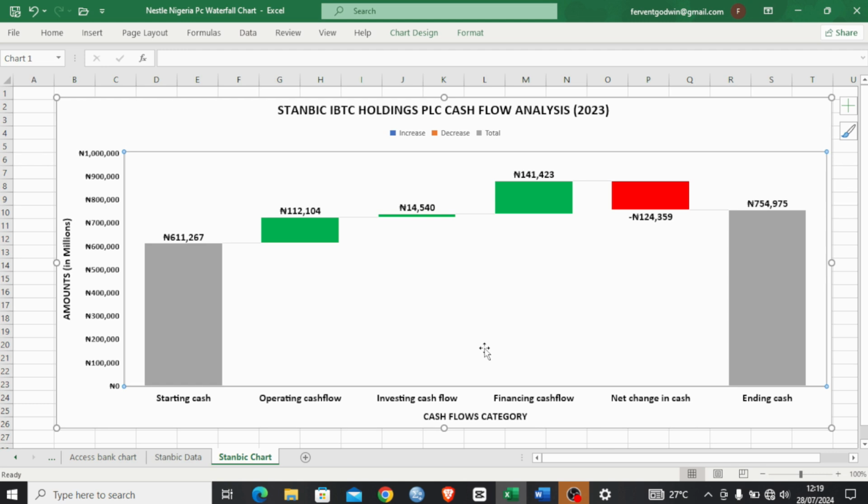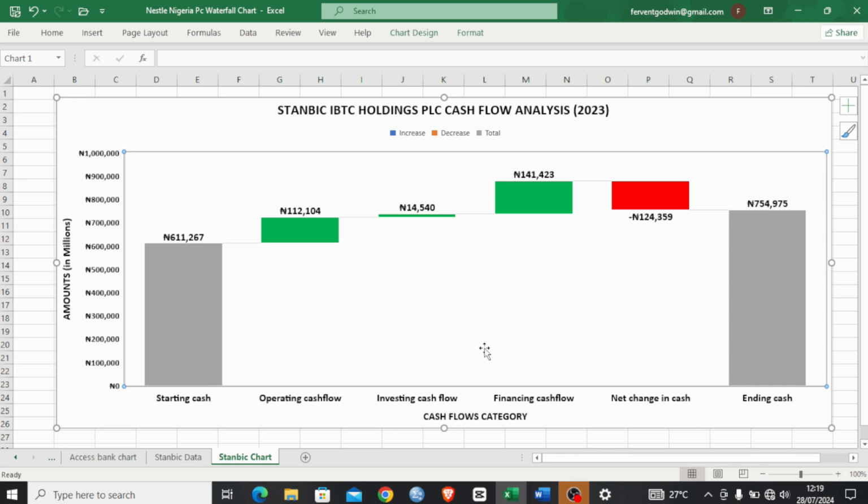So by conducting a thorough cash flow analysis, businesses and investors, people like you and me, can gain valuable insight into a company's financial health, identify areas for improvement, and also make informed decisions.